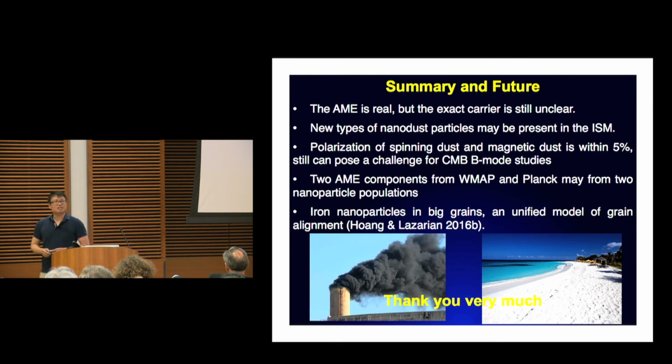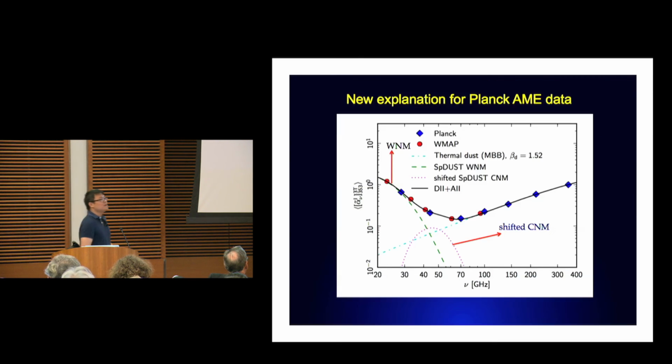So the conclusion is that we may have not only the ugly guys in the interstellar medium like PAH, but also more friendly nanosilicate particles, or we may have both. And what happens if we have both? It can explain the two spinning dust components, one at low frequency here and one at high frequency here, that are observed by the Planck satellite. I want to thank you very much for your attention.